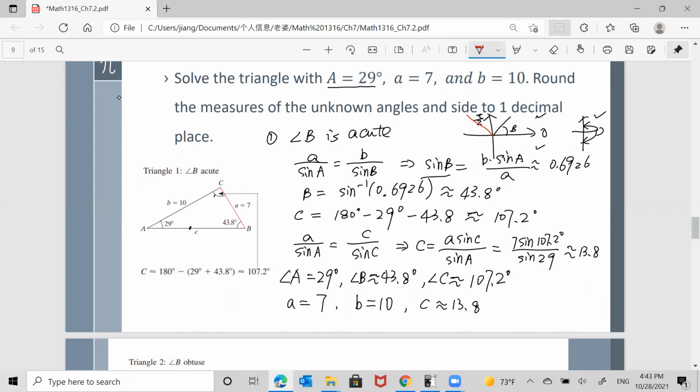This angle, from the initial side to this terminal side, has the same reference angle B. The one we calculated with our calculator is 43.8, so here is 43.8. How about the obtuse angle B from here to here? I need to use pi minus the reference angle 43.8.